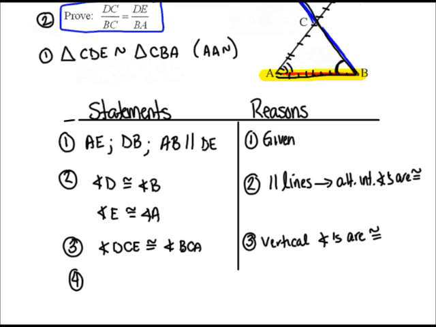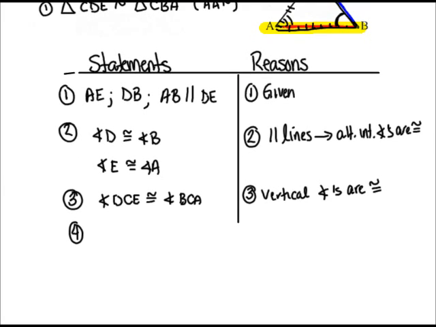Again, you only need to prove two angles are congruent, so any two of these three need to be in your proof. Once you prove the two triangles are similar, we're going to write that down. Triangle CDE is now similar to triangle CBA using the method angle-angle similarity.